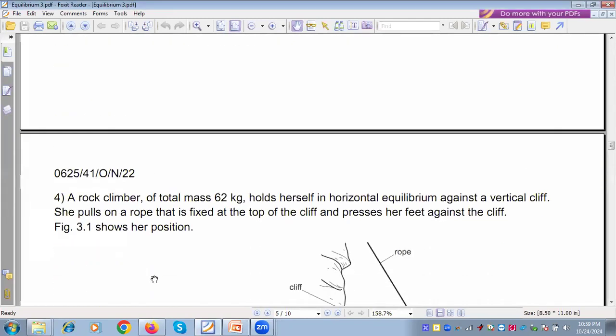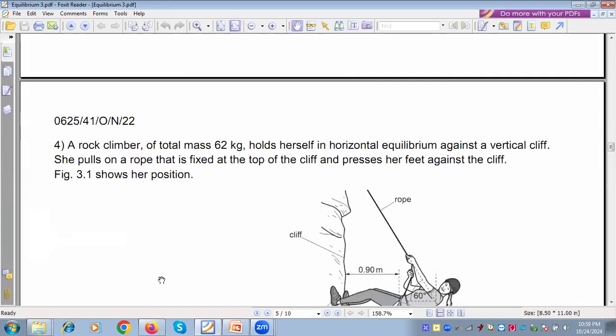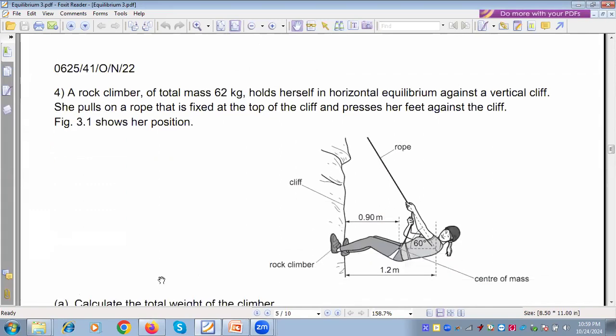So now we have questions from IGCSE. A rock climber, and this is variant 41, October, November 2022. Total mass of 62 kg. Holds herself in horizontal equilibrium against the vertical cliff.